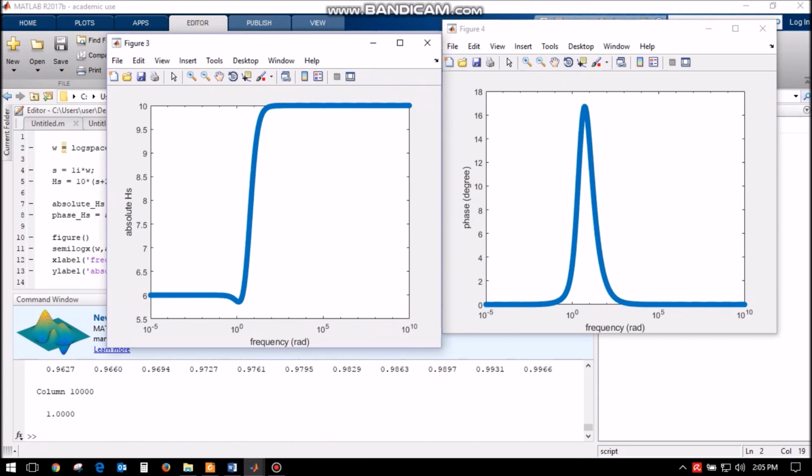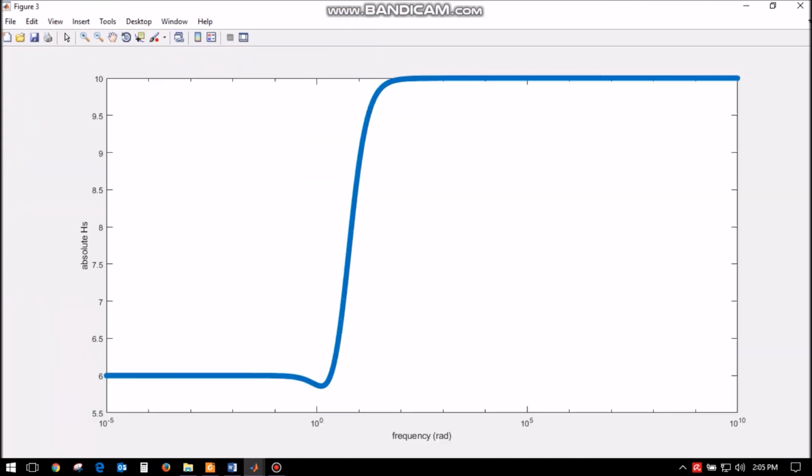Basically all the signals are more interested in this region. I'm sure if we continue to increase the frequency, we will only get a straight line. So the best region to show you the plot is between here.